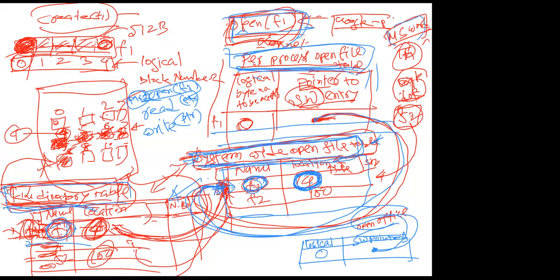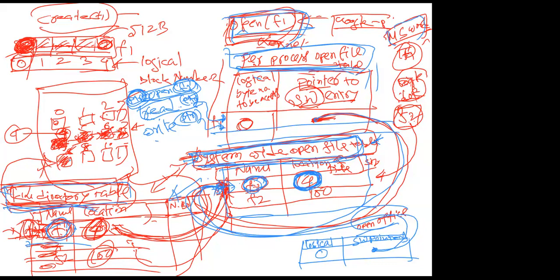So where is this file F1 located? F1 is located by this pointer. By using this pointer, read figures out where the location of F1 is. Write also does something similar, and it maintains the same thing by this pointer.